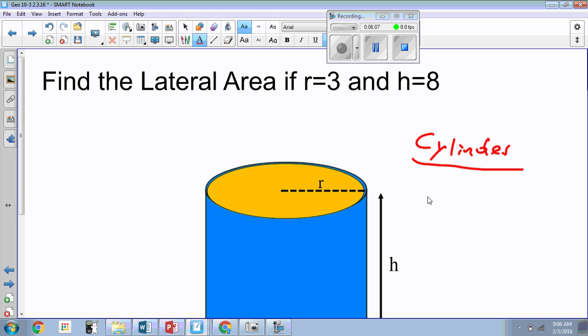So 2 pi times r times h. In this case, that's 2 pi times 3 times 8. So you do a 2 times a 3 times an 8. You get 6 times 8, 48 pi.